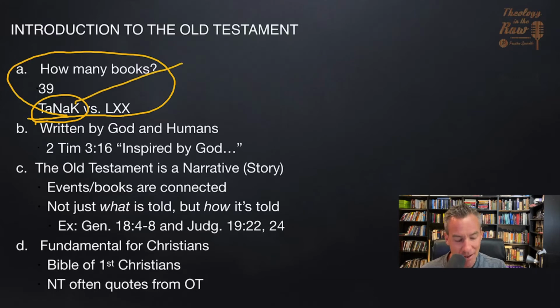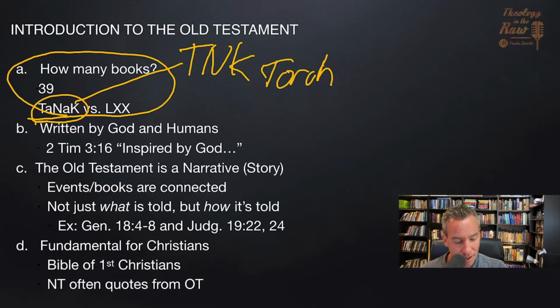Sometimes it's written out like just T-N-K, and sometimes you'll see the A's, the vowels added in there just so you can pronounce it. Well, the Tanakh is an acronym, stands for Torah, Nevi'im, Ketuvim. Okay, so Torah, and then Nevi'im. There's various ways you can transliterate this.